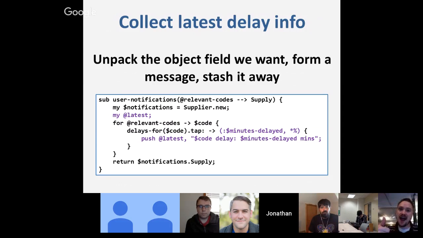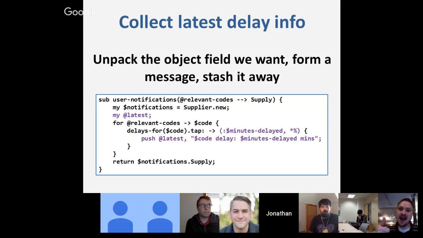And an object by default will just be a set of named parameters. And then you can just unpack it using a signature. And what I'm doing here is I'm just pulling the minutes delayed field out of that object. And then I'm saying, I don't care about the other fields. That %% there means just put them into an anonymous hash, but it doesn't even bother doing it. It's just a way of saying I don't care that there are other fields in this object.